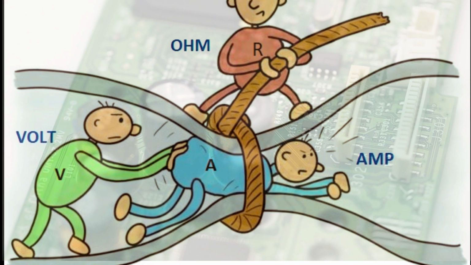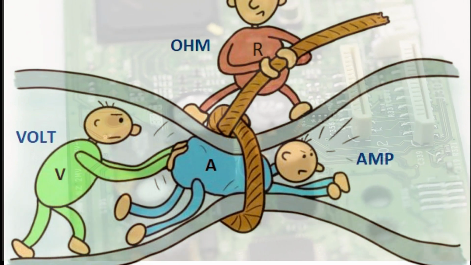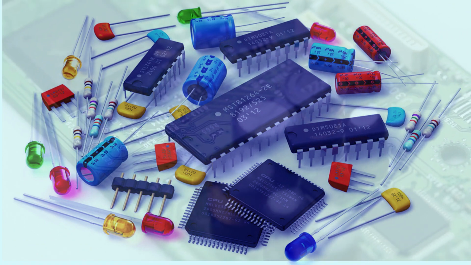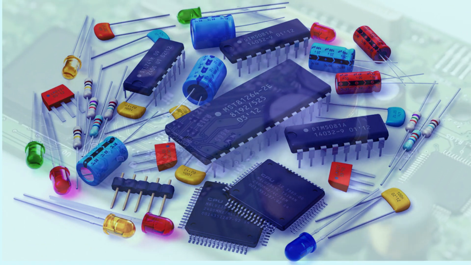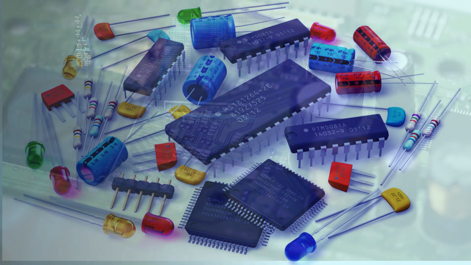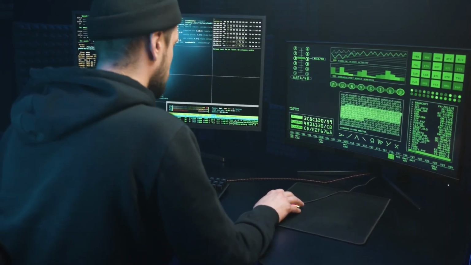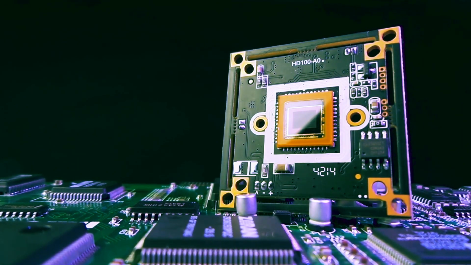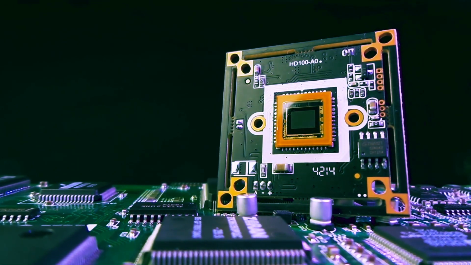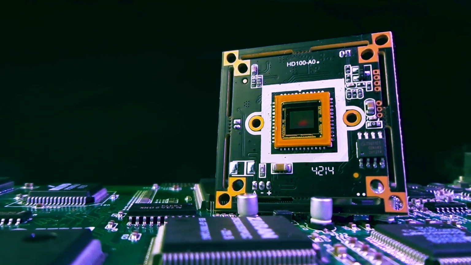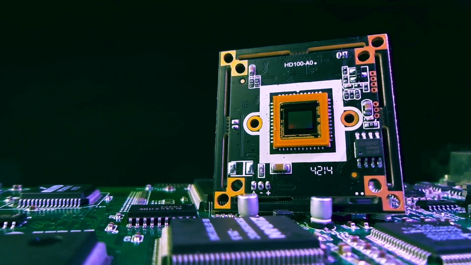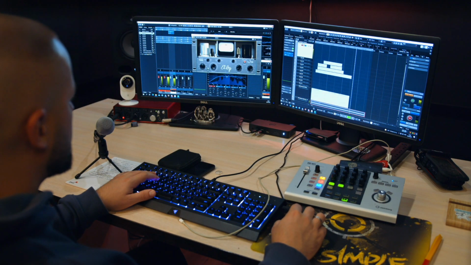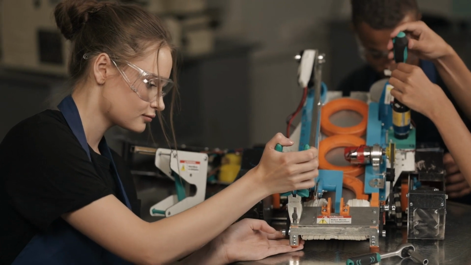Dive into topics such as voltage, current, resistance, Ohm's law, and basic electronic components like resistors, capacitors, and diodes. As you progress, familiarize yourself with more advanced concepts such as microcontroller architecture, memory types, input-output (I/O) ports, timers, interrupts, and peripheral interfaces. Understanding these concepts will help you comprehend how embedded systems interact with hardware components and peripherals.